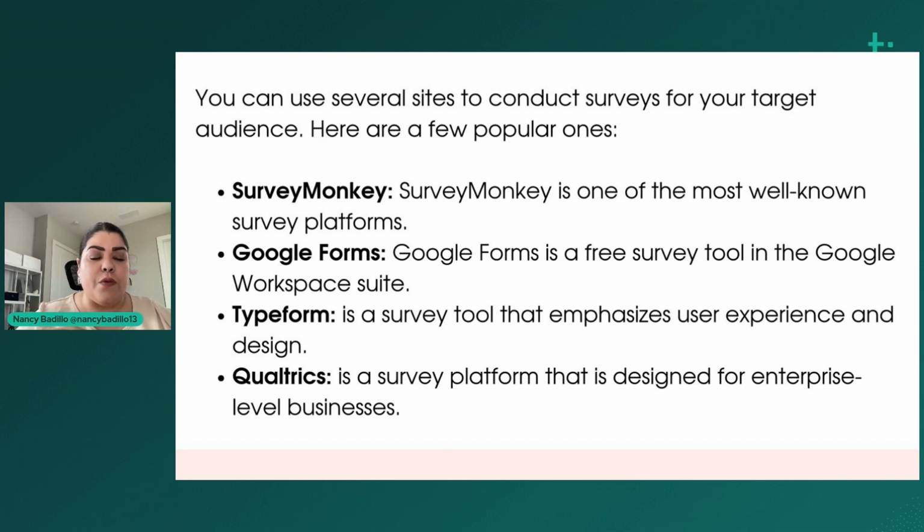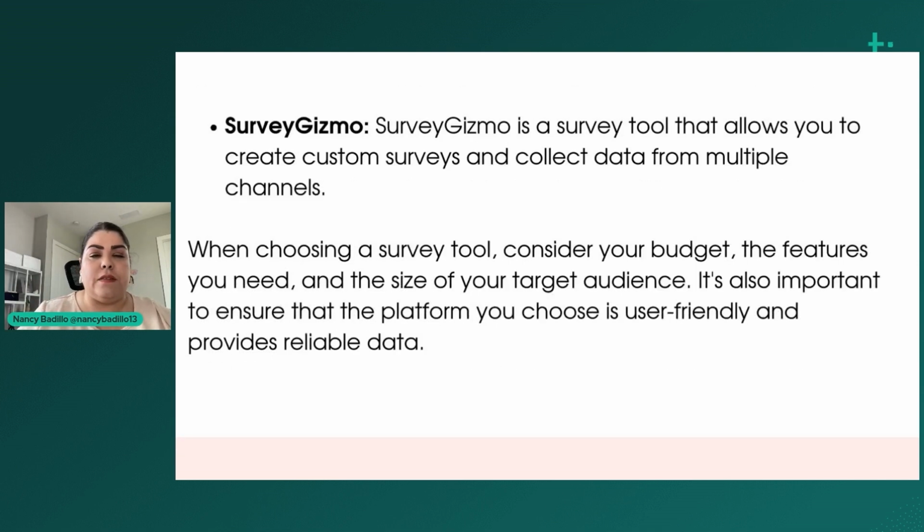Now, the next one that we're going to be talking about is Qualtrics, and it's a survey platform that's designed for enterprise level businesses. It offers advanced features such as branching logic and custom branding, and allows you to target a specific audience with your surveys. Now, another one, which I said was the last one, but the last one is SurveyGizmo.